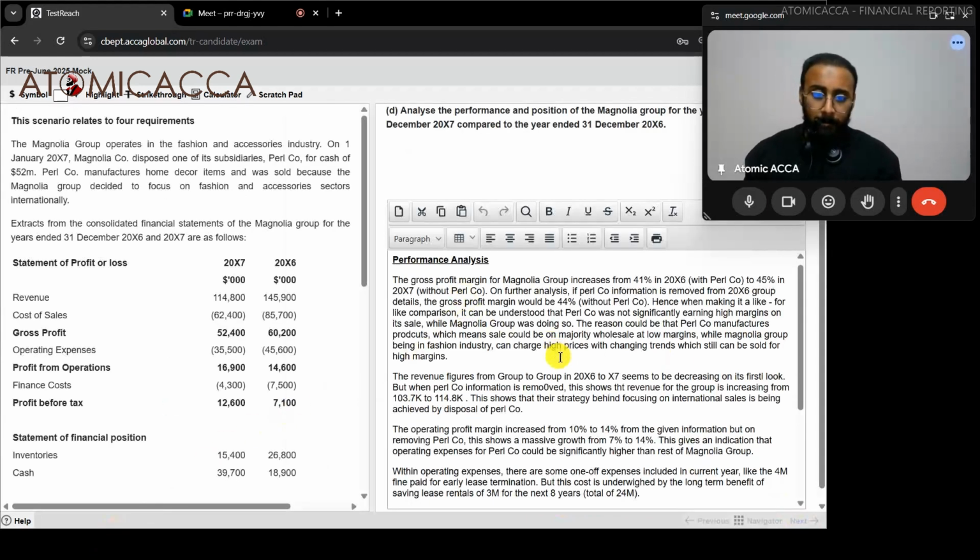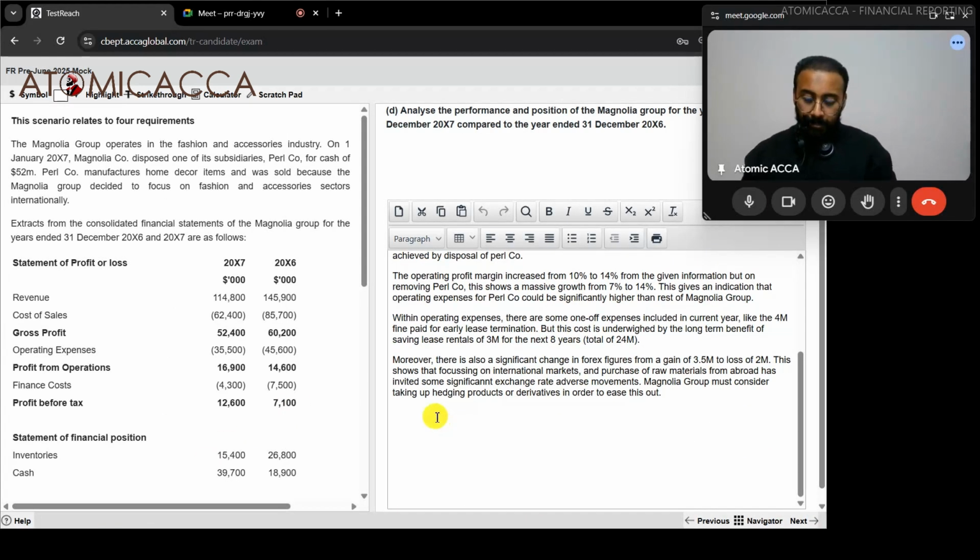The interest cover is increasing from 1.95 to 3.93 times over the year for the group, though individual information about Pearl company is not given.